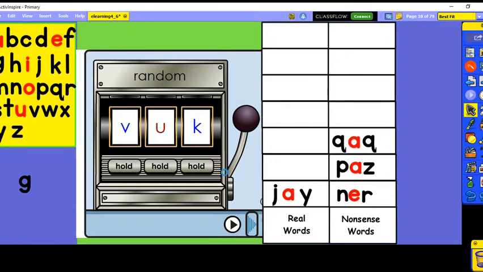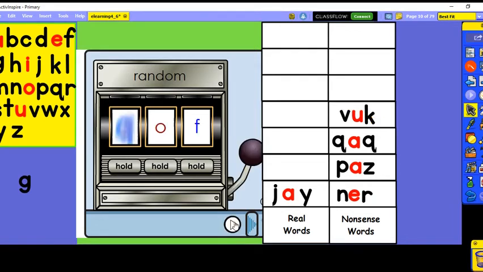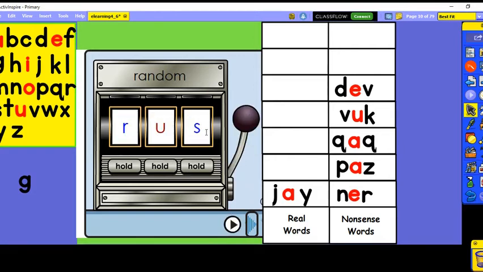Vuck. Nonsense. Dev, definitely a nonsense word. Us. That one's hard to call because one time I knew a little boy named Russ, but we're going to say it's a nonsense word.